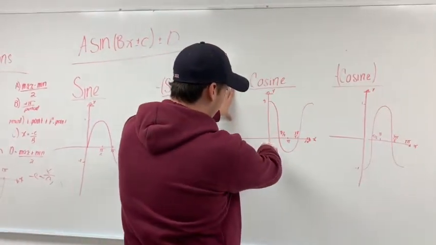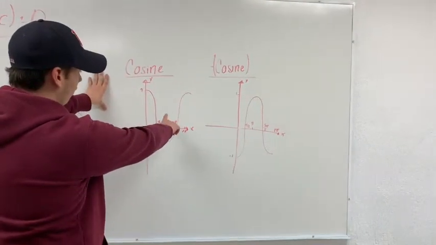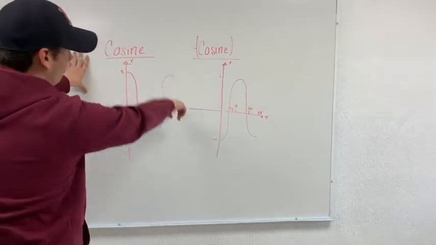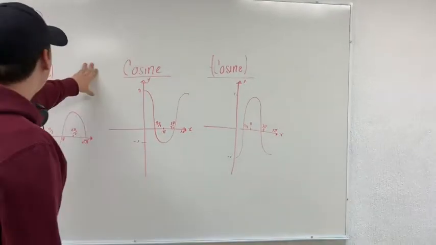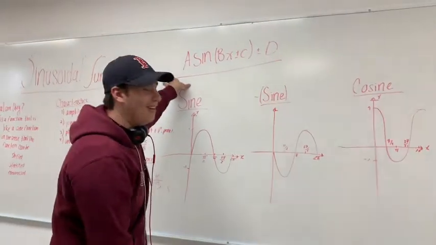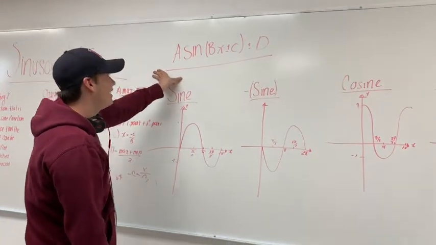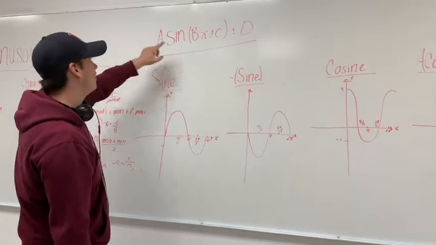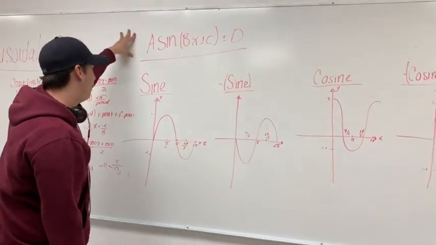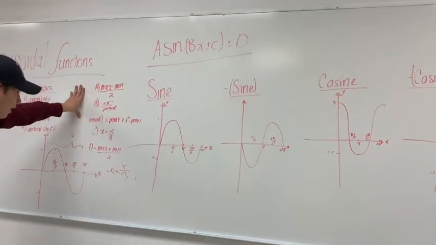It starts at 0, then pi, then 2 pi, and it ends at 2 pi at the highest point. The general function of the cosine is exactly the same as sine, but instead of putting sine here, you put cosine, and you use the exact same formulas as this one.